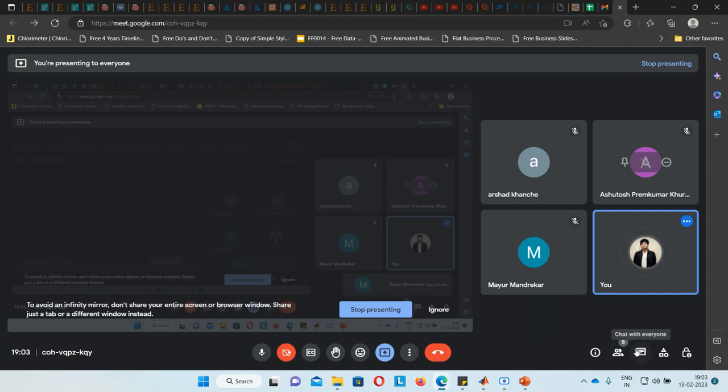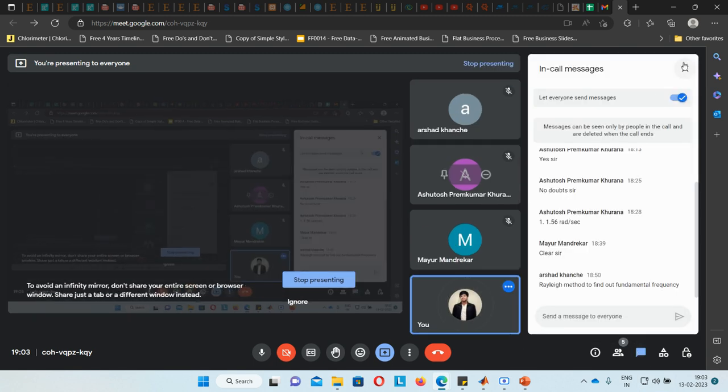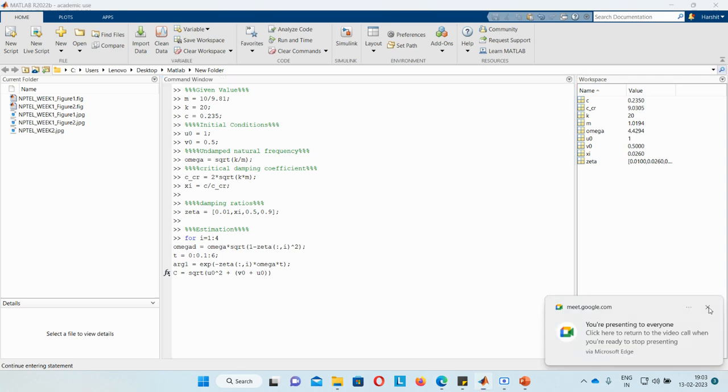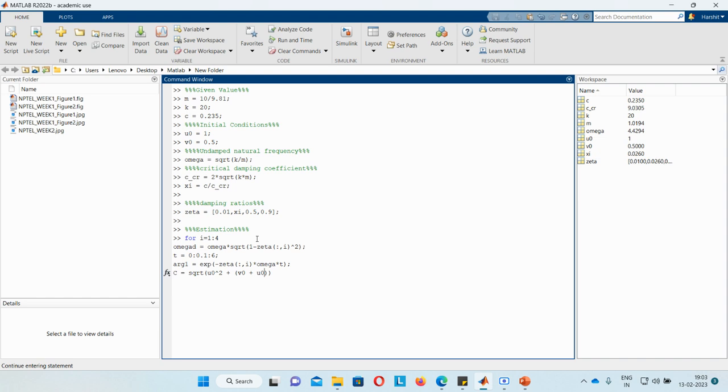Any doubts? Okay, someone joined again. So where was I? Defining that amplitude c. So v of 0 plus u of 0 times epsilon, again I will define using the syntax 0 comma i, just to take one value at a time, times omega n. So omega n we defined by omega upon omega d.